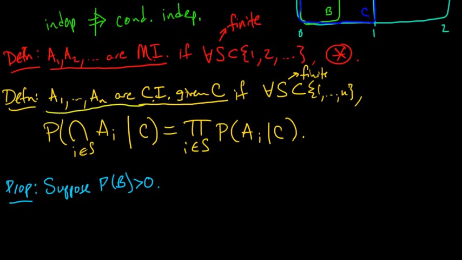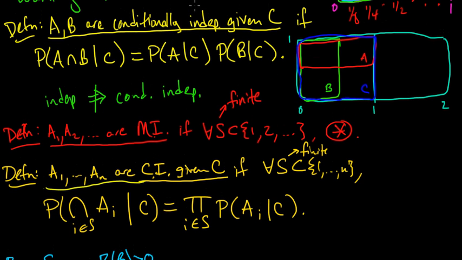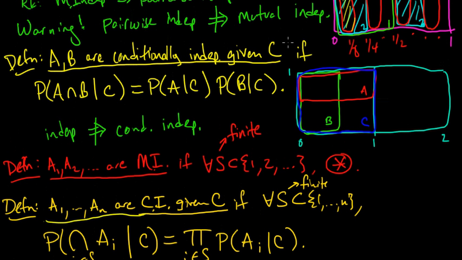And by the way, I should say here, I'm assuming in these definitions that C has positive probability. I should stipulate that, so let me go back and write that. So we also need the probability of C to be positive here and here in order for these conditional probabilities to be well defined.